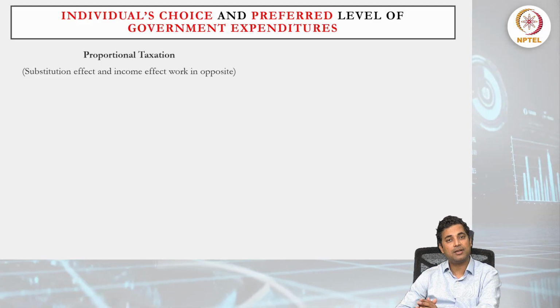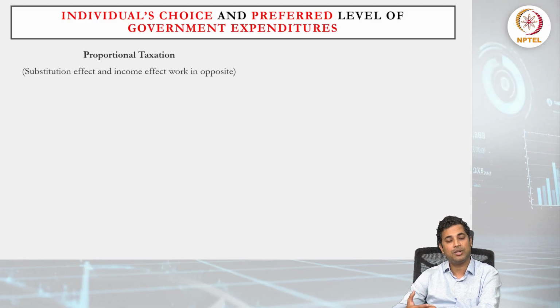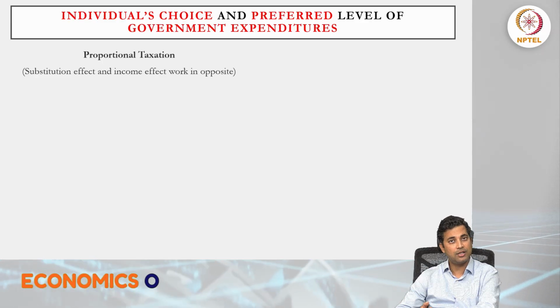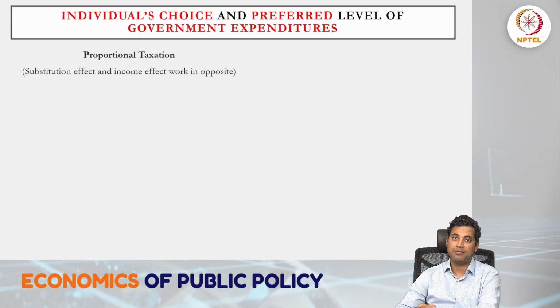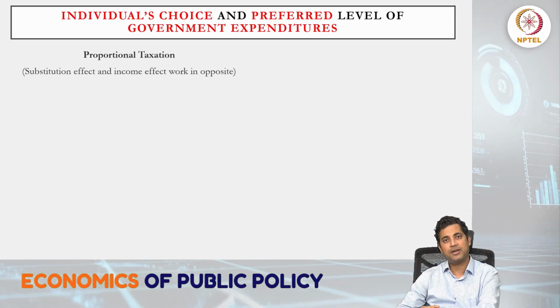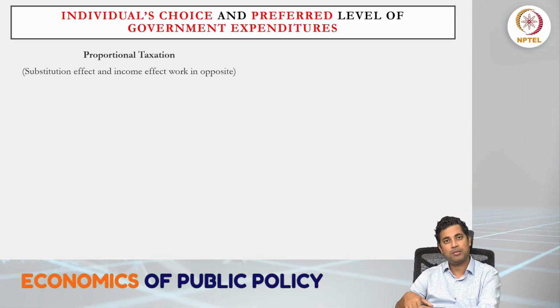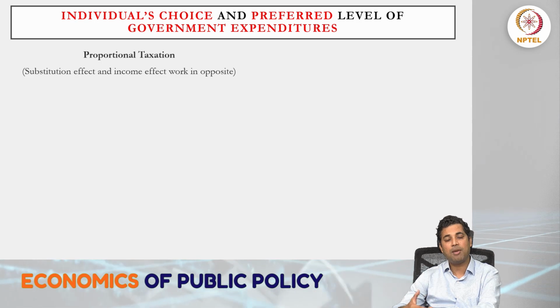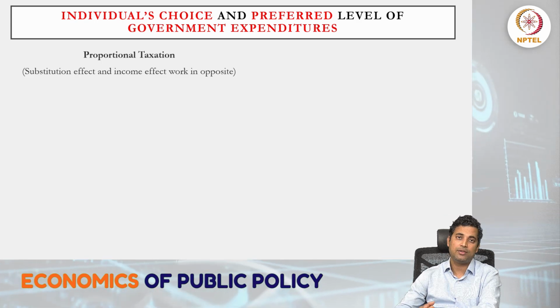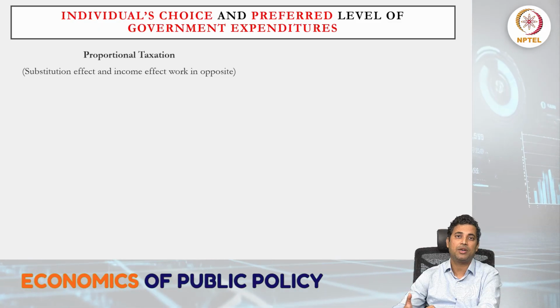So for certain commodities, or for certain utility that we derive, there is a very strong income effect, and certain commodities also have a price effect. What is the price effect? We are just reiterating again. The demand for a particular commodity depends on changes in that commodity's price.